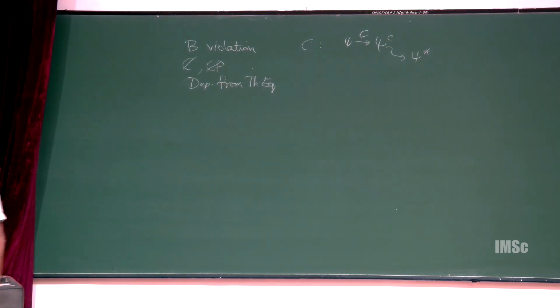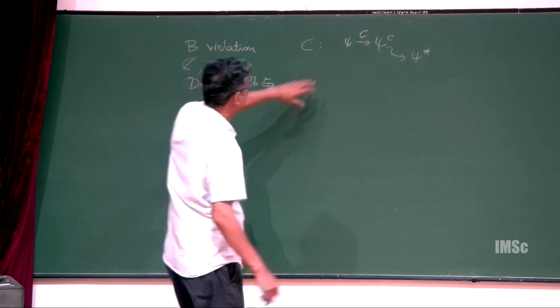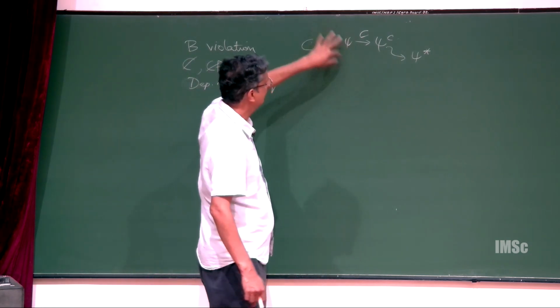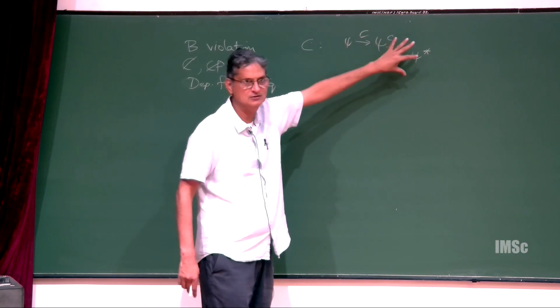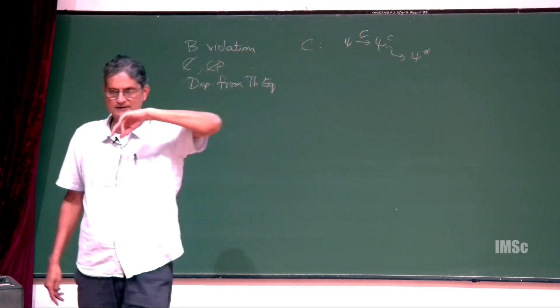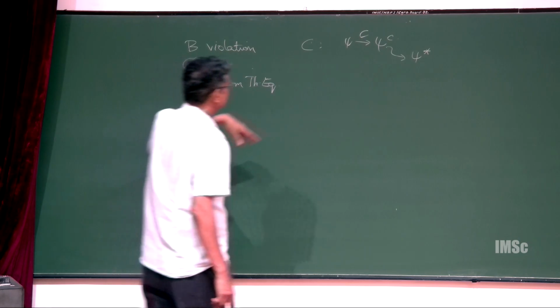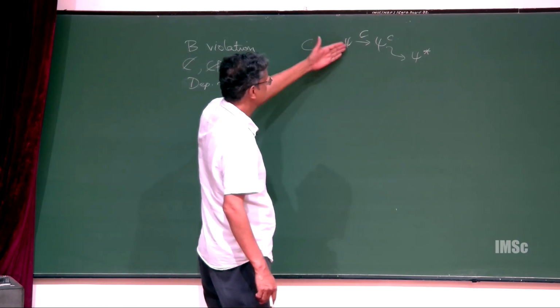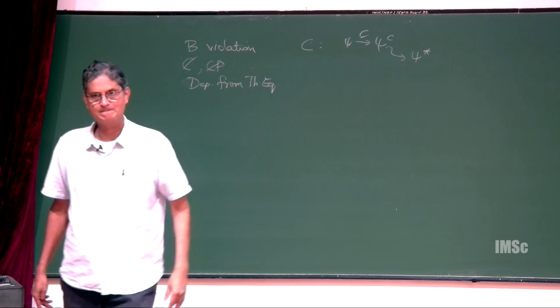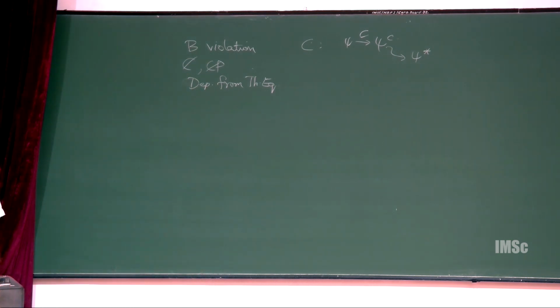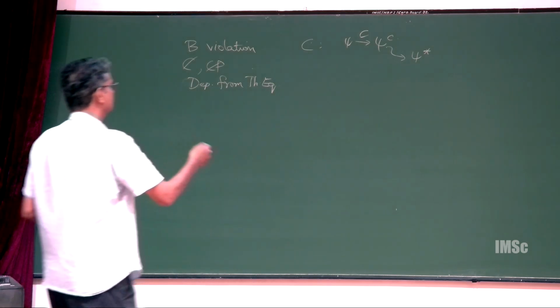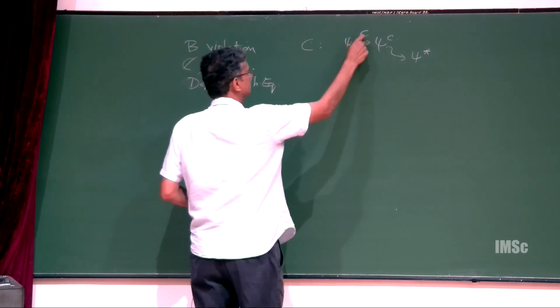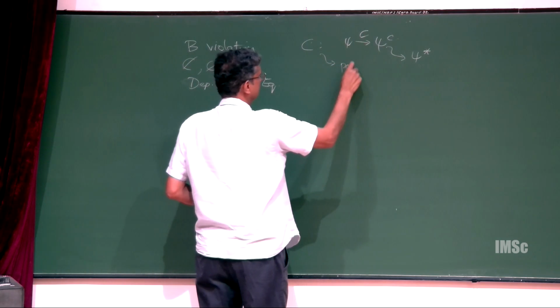Under a C transformation, you go from something particle-like or antiparticle-like to its conjugate, the antiparticle or particle. So C violation means that if some process is happening for particles, the C transformed version of them may have a different rate, for instance. That is what is called C violation. C is nothing but particle-antiparticle interchange.